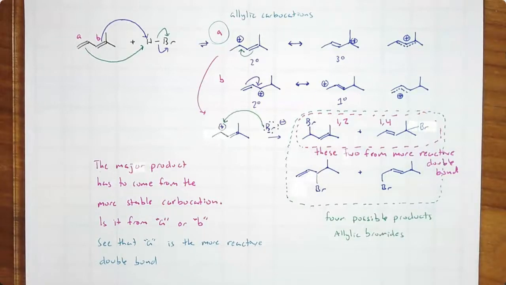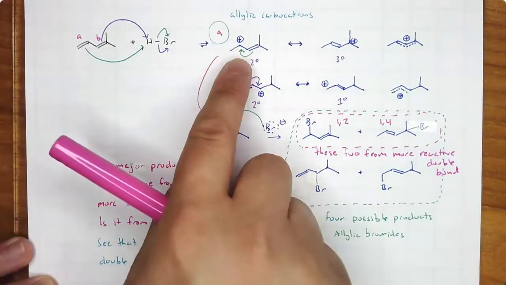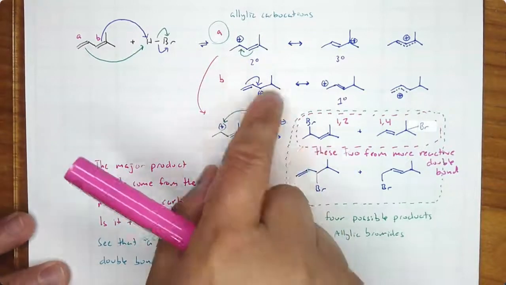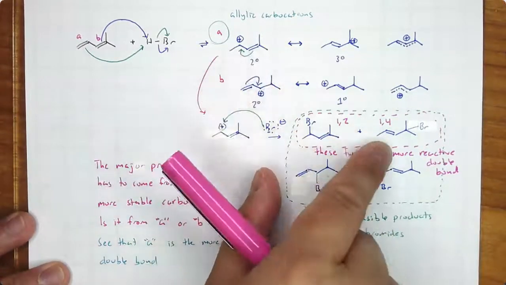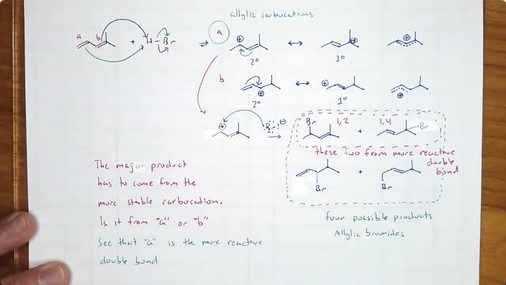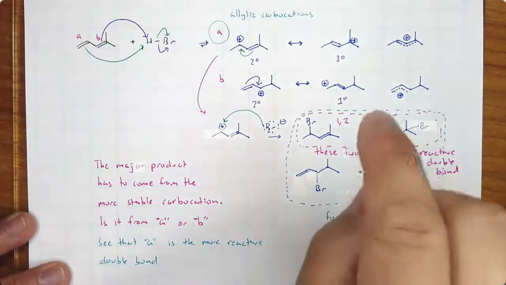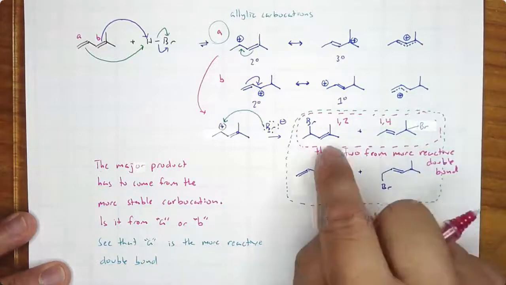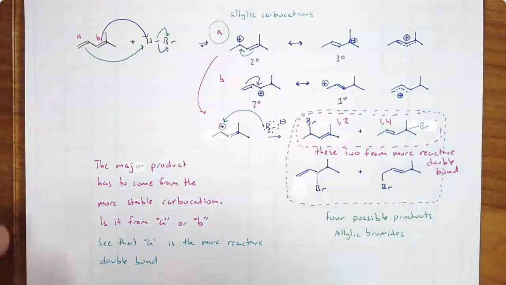I like to say that the initial carbocation is going to give you the 1,2 product, always, right? And the resonance will give you the 1,4 product. The 1,2 product is always going to be the kinetic product. But the thermodynamic product could either be the 1,2 or the 1,4. You have to analyze the final product. Let me repeat that.